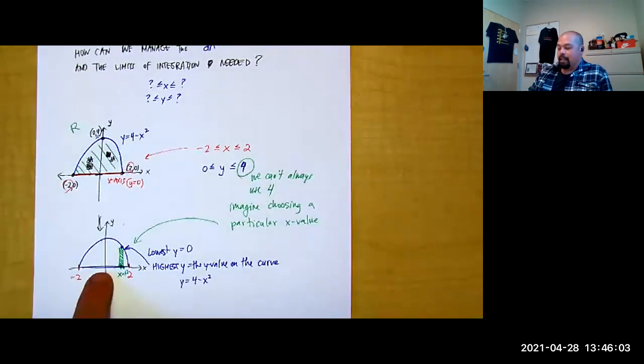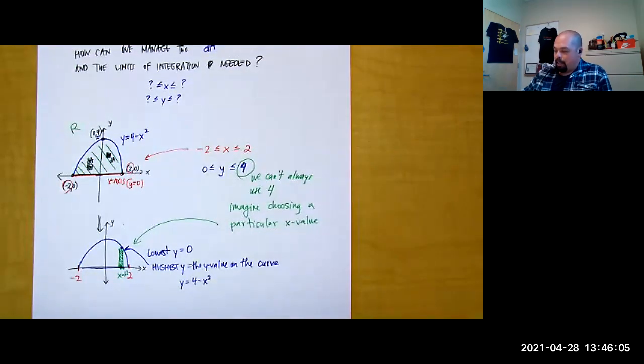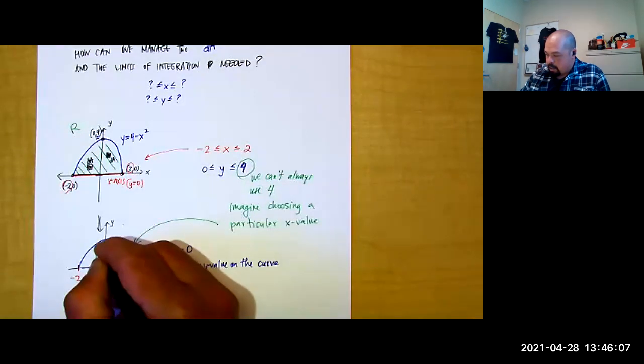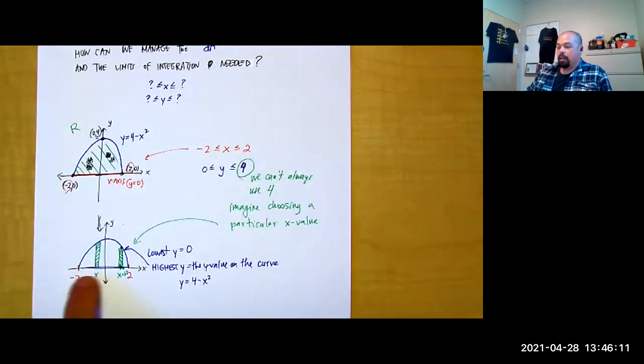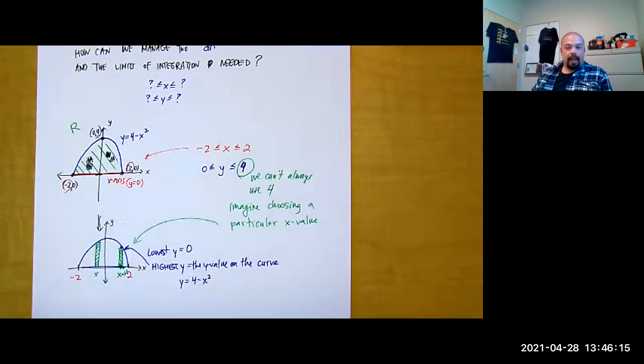But for any x value, the lowest y value is 0, and the highest is wherever the curve ends.